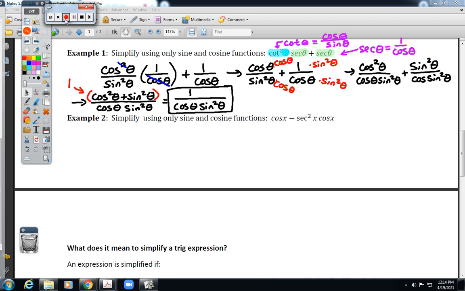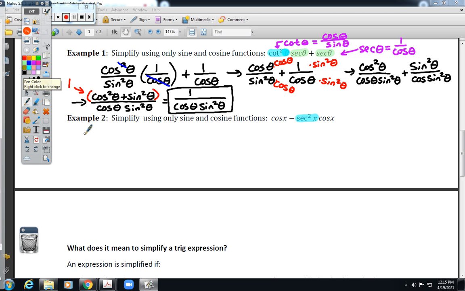So, example 2. Again, we want to rewrite everything that is not sine and cosine in terms of sine and cosine. In that expression, the only thing that is not in terms of sine and cosine is a single secant squared. In terms of sine and cosine, secant is 1 over cosine.